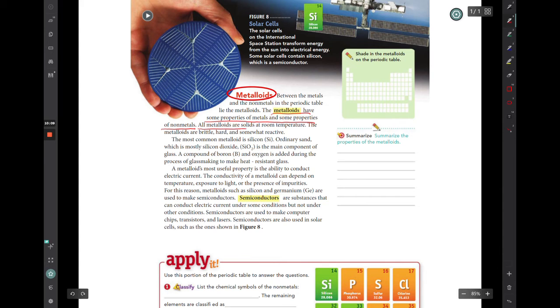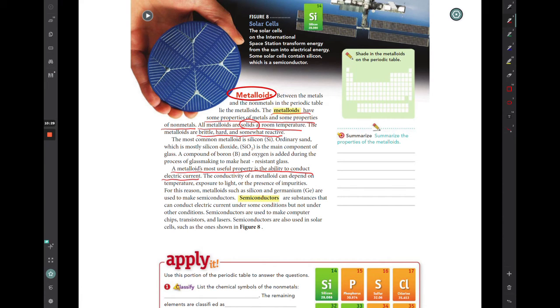All metalloids are going to be solids at room temperature, and they're generally brittle, hard, and somewhat reactive, not overly reactive. One of the most useful properties of metalloids is their ability to conduct electric current.